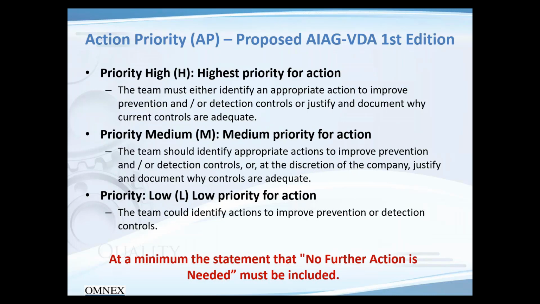So not a real big change, just a little bit more direction. This is going to be something that will come out based on the calculation. And then you'll have your medium priority. The team should identify appropriate action to improve and prevent this one, or justify actions taken. And then for low, the team could identify or improve preventative actions but is not required. At minimum, the statement that no further action is needed must be included in the form.